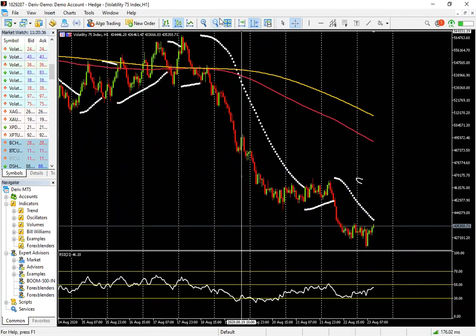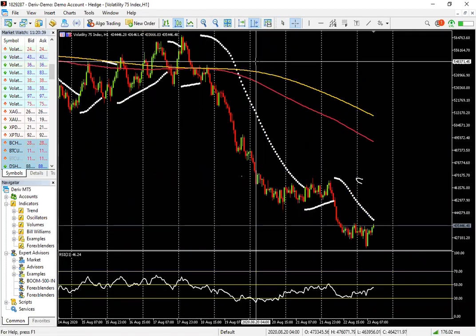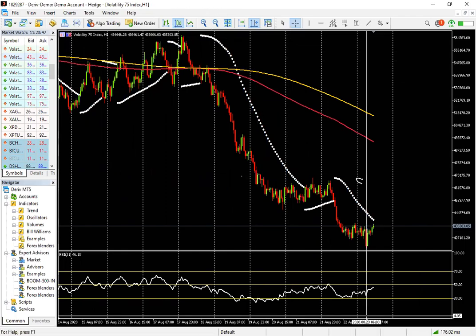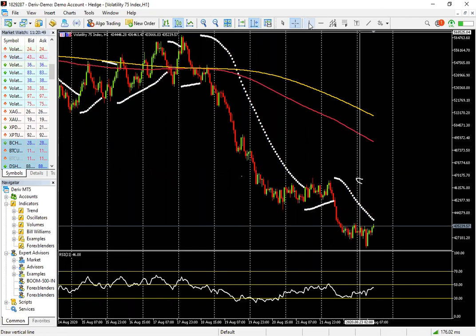And what I can say on Volatility 75 is that it is about to move up. Why? Because based on my strategy, let's talk about now.